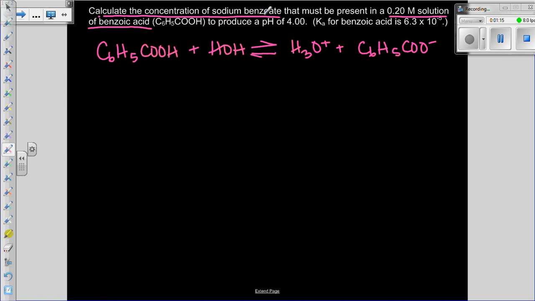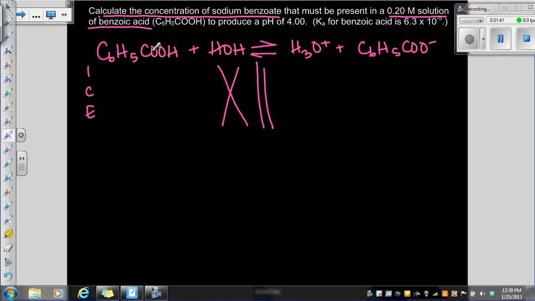Now, how I knew ahead of time that this was its salt was because the ATE tells me that this is an anion. Sodium's my cation. So I know that this is a salt because I've got two ions. It's an ionic compound. I'm going to make an ICE chart and get rid of water because it's a pure liquid and we don't include it in the expression.